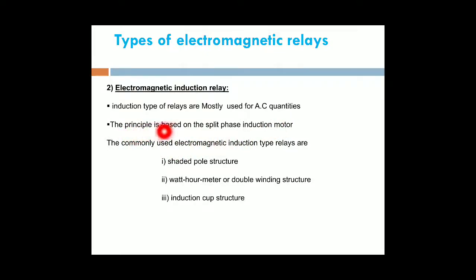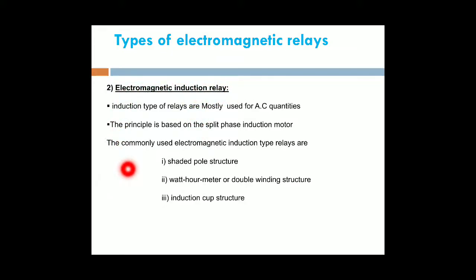The principle is based on the split phase induction motor. The working of a split phase induction motor is the same as that of an electromagnetic induction type of relay. On that same principle, the induction type of relay is operated.